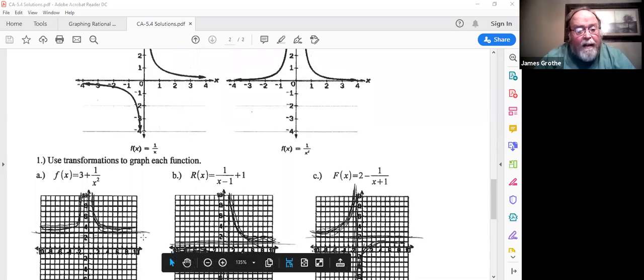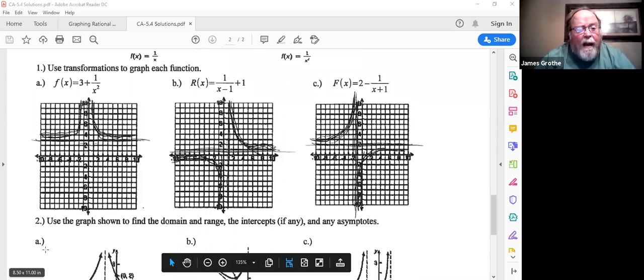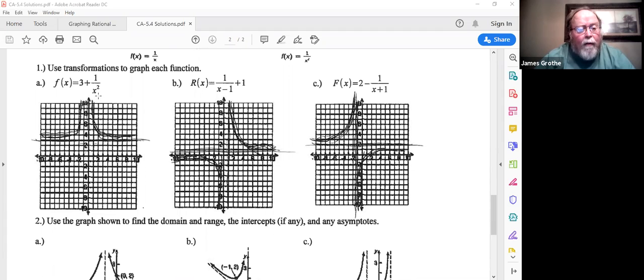First one we see is 3 plus 1 over x squared. If you recall, when we take a function like 1 over x squared and add a constant to it, that simply adds 3 to the y values, with the result being a shift upward 3 units.